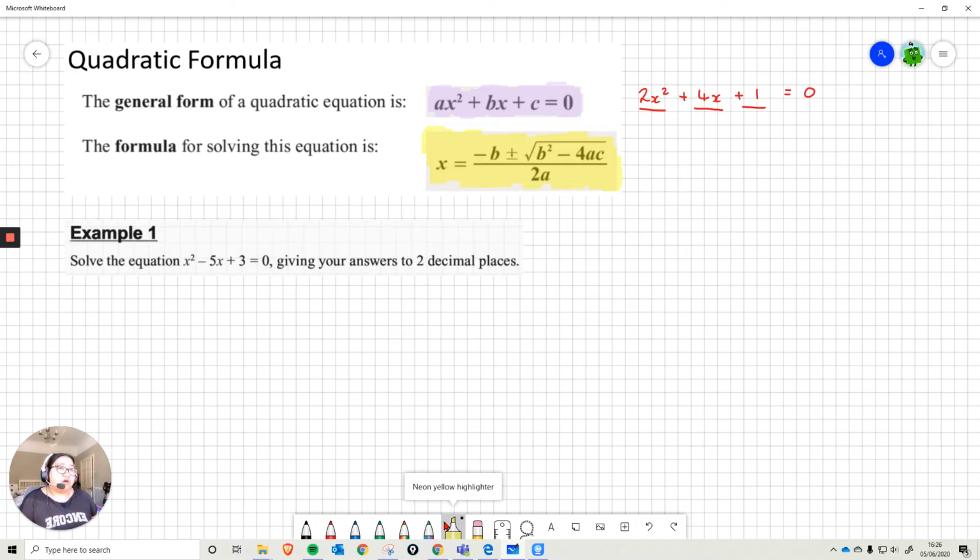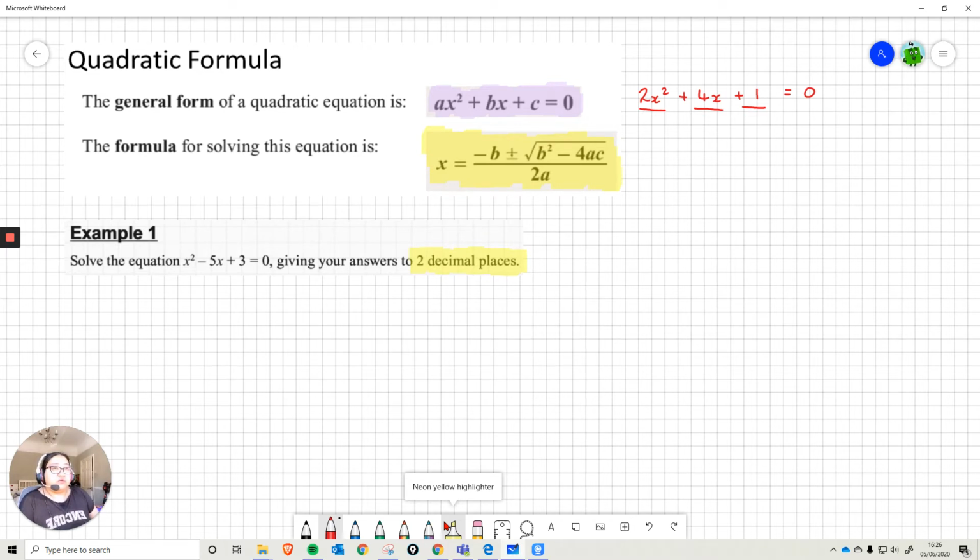Now, nowhere in that question does it say by using the quadratic formula, but because it ends in the sentence two decimal places, this is the biggest indicator that tells us that we should be using the quadratic formula rather than factorizing.